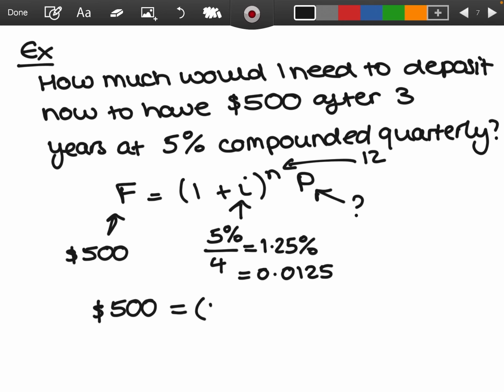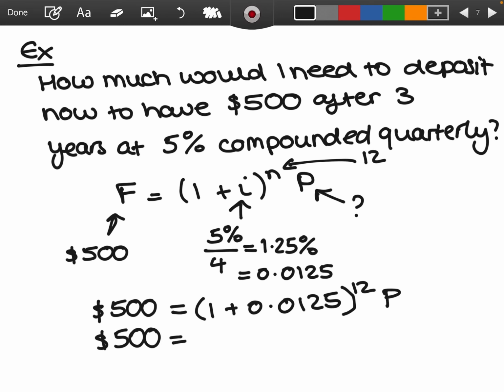Okay, so I have $500 is equal to 1 plus 0.0125 to the power 12 multiplied by my present value. If you work this out, you should get 500 is equal to 1.0125 to the power 12 times the present value.